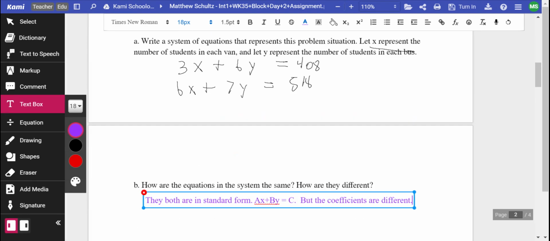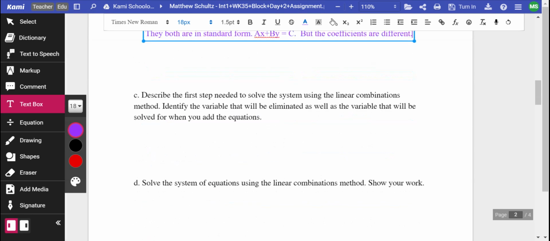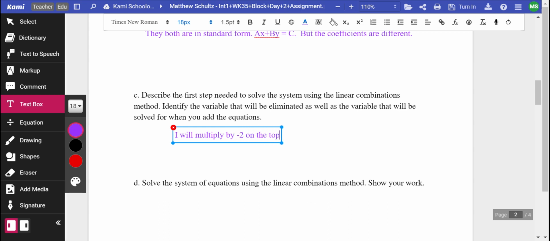Okay, so I'm going to get rid of the x. So I will multiply by negative 2 on the top. This will give me the additive inverse to 6x.